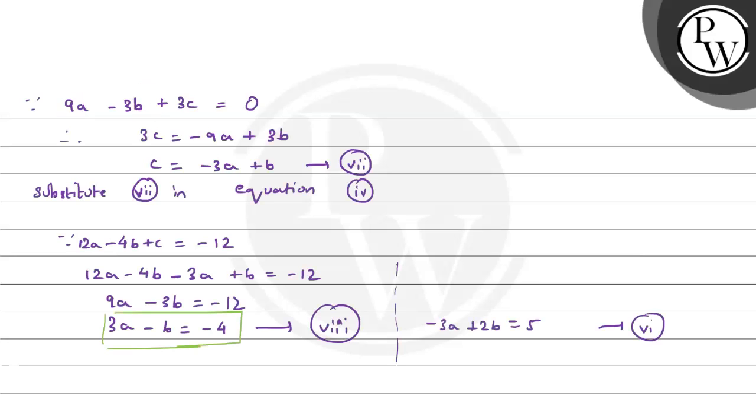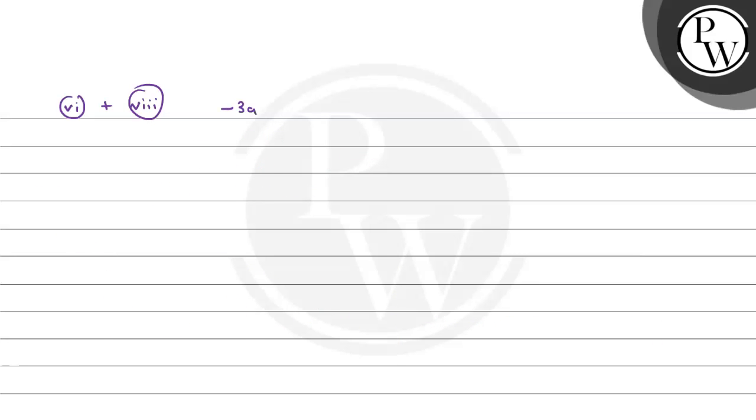So we have minus 3a plus 2b is equal to 5 and 3a minus b is equal to minus 4. If we add, we get b is equal to 1, and since b is equal to 1 we can get the value for a: 3a is equal to minus 3, and so a is equal to minus 1.